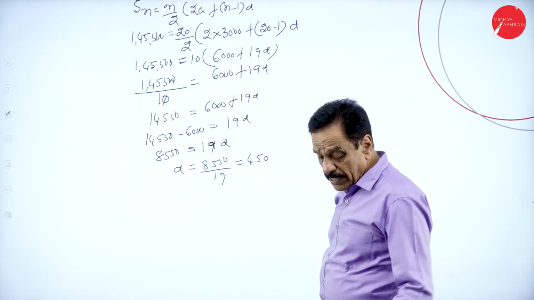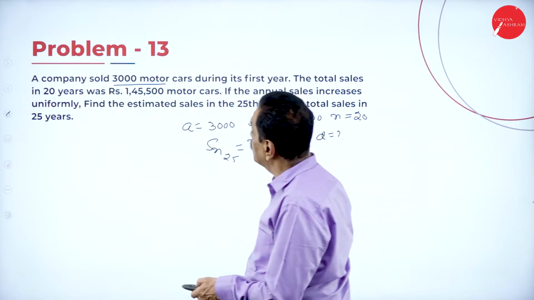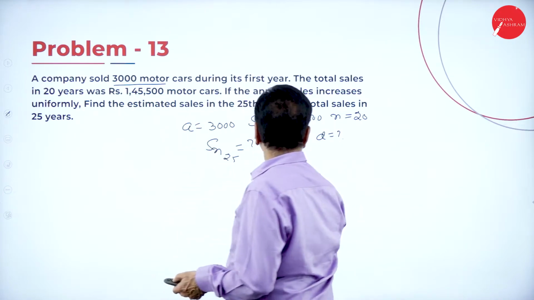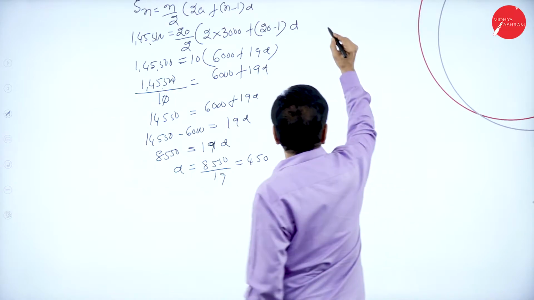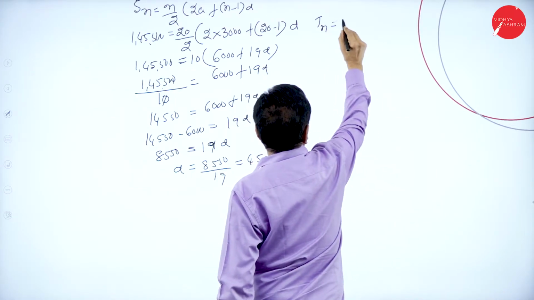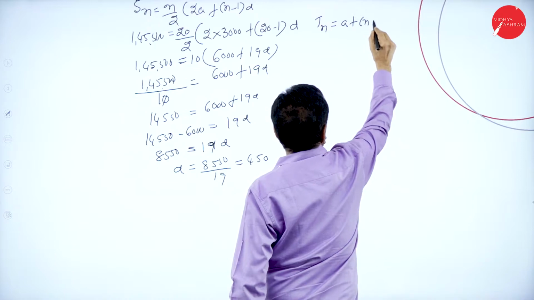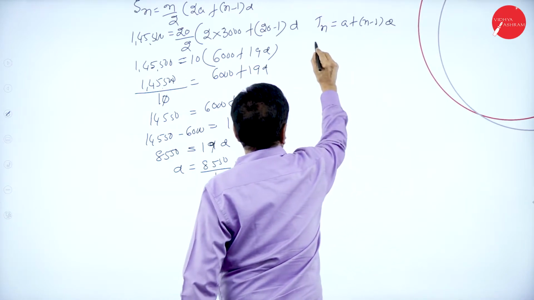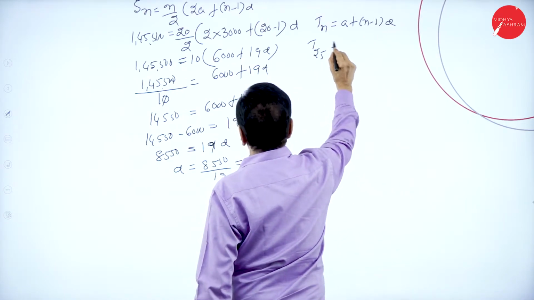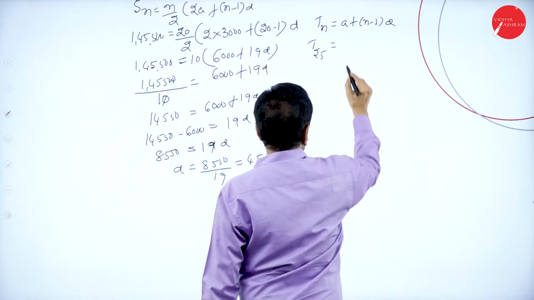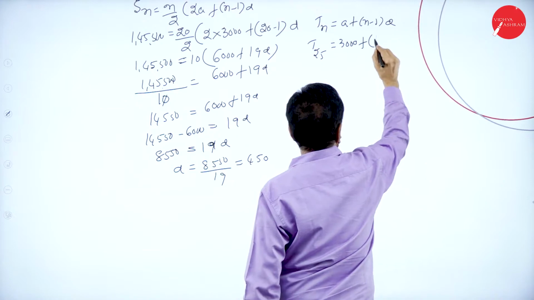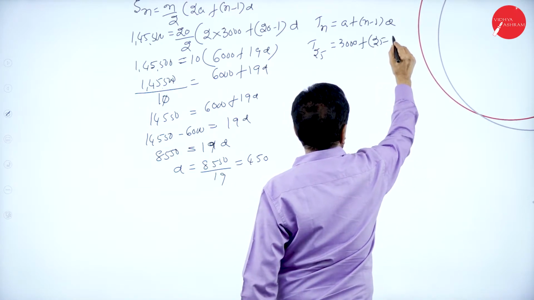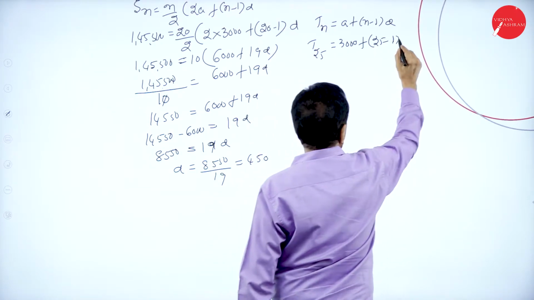Then, what is the next number he asked? What is the question he asked? Find the estimated sale in the 25th year and total sales in 25 years. Tn is equal to A plus n minus 1 D. T25 is equal to, what's your A? 3000. How many years? 25 minus 1 into, what's the difference? 450.